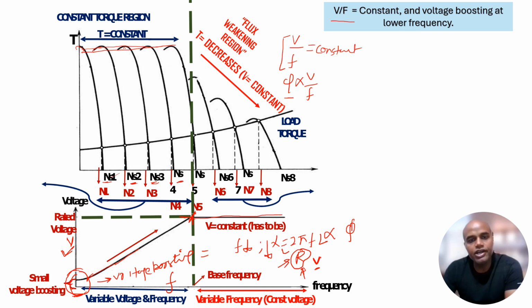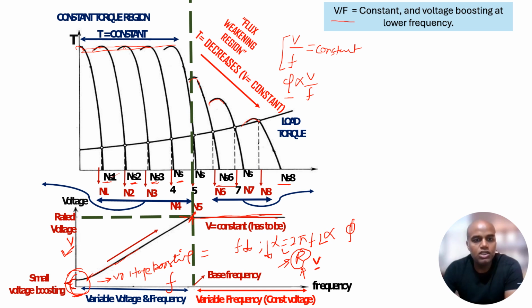in this region only the frequency is changing, but the voltage remains constant, so we can see the torque is also getting reduced further as I increase my frequency. I'm changing the speed, that is all right, but at the same time I also have to encounter a reduced amount of torque.